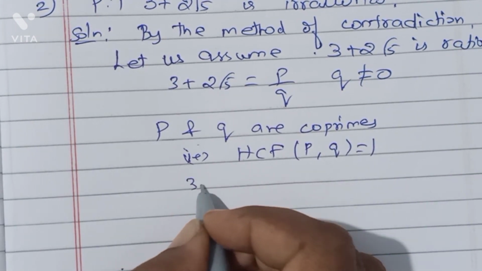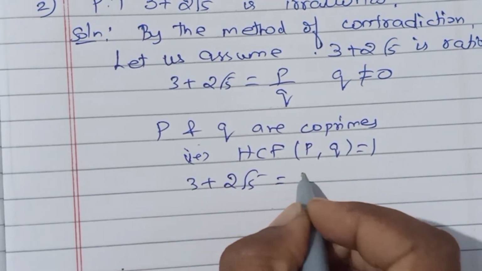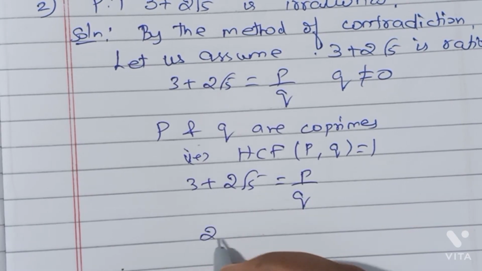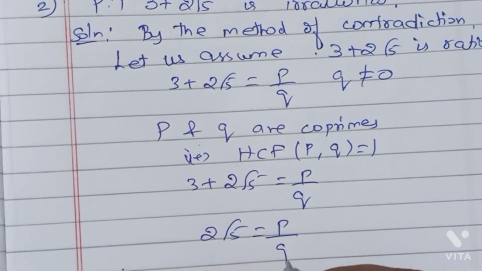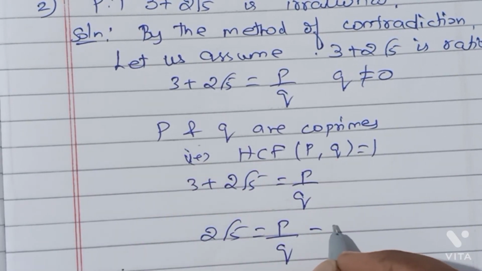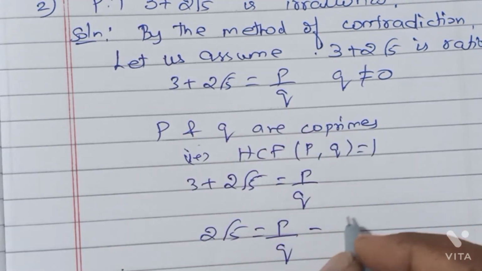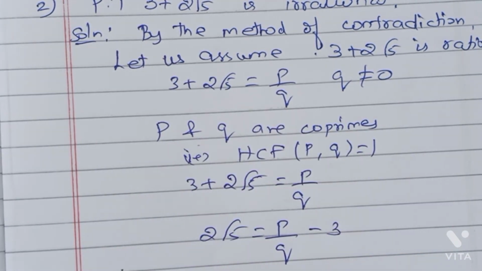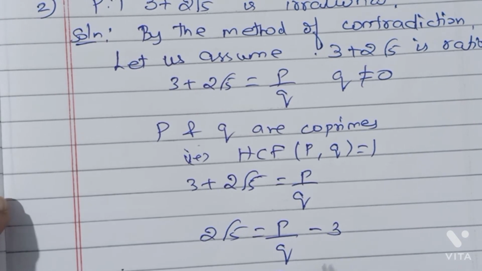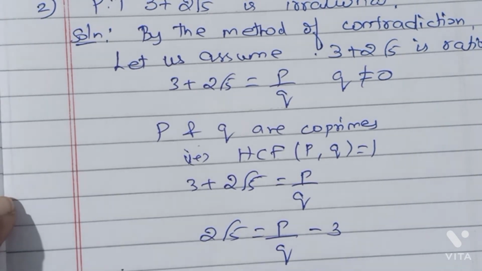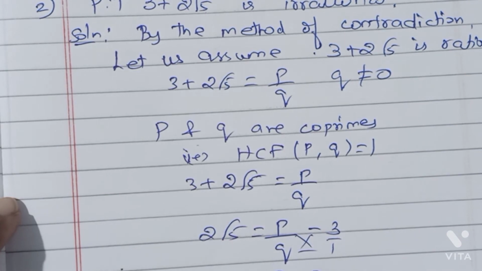So we have 3 plus 2 root 5 is equal to p by q. So 2 root 5 is equal to p by q, and this plus 3, when it goes to the other side, we get minus 3. So this is equal to, just cross multiplying, p minus 3q divided by q.